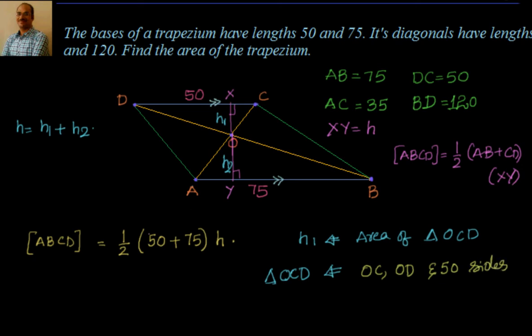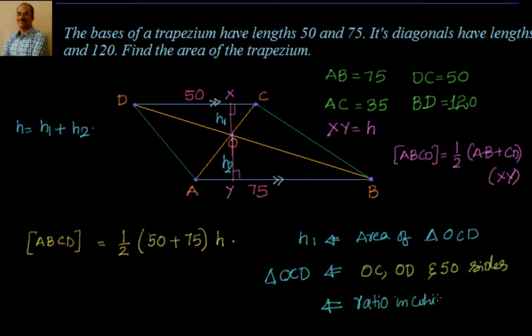Next, if you want to know the sides OC and OD, we already know AC is 35 and BD is 120. We have to know the ratio in which the diagonals are divided.